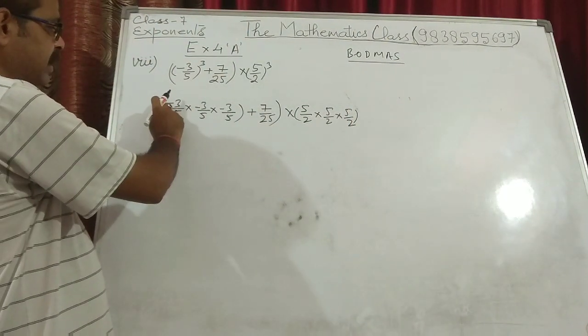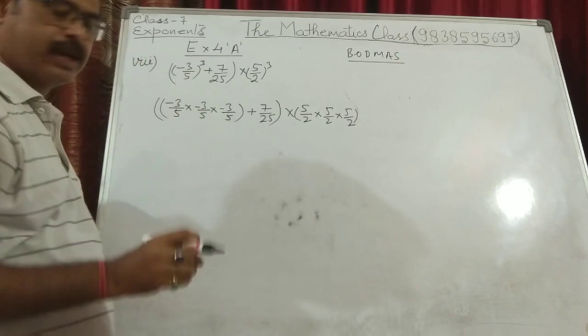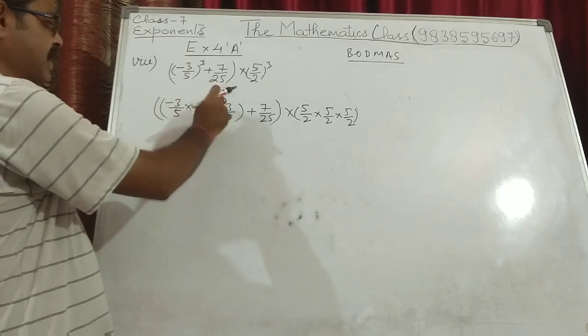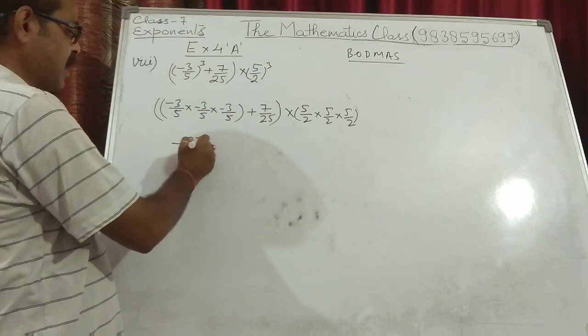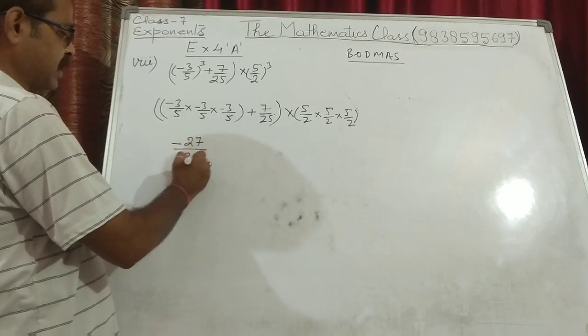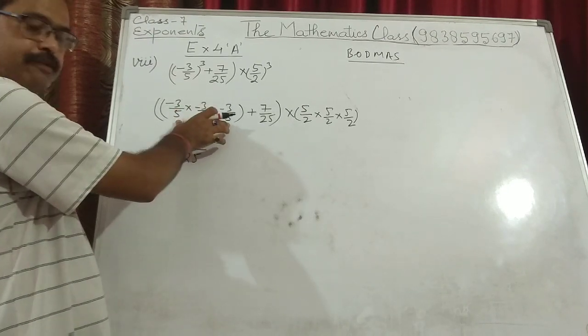Now minus is how many times? 1, 2, 3. 3 being odd, it means the minus sign will come. Then 3 into 3 is 9, 9 into 3 is 27 upon 5 into 5, 25, 25 into 5 is 125. We solve the bracket first.